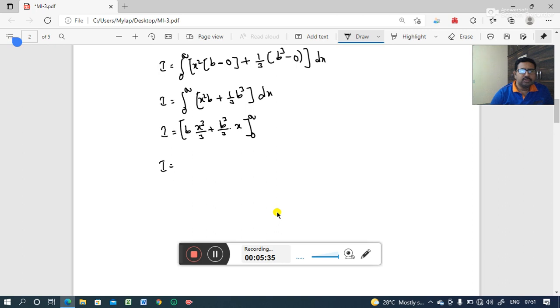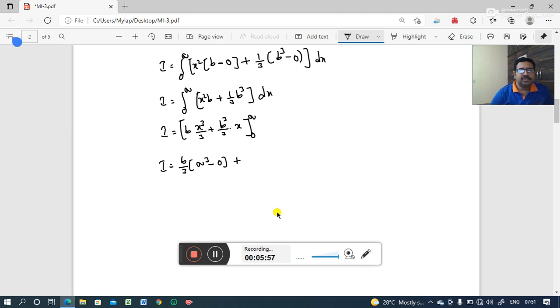I is equals to, now b by 3 is constant, in place of x cube we are making use of the limits. First the upper limit is a, so in place of x cube you write a cube, and the lower limit is 0, so a cube minus 0.